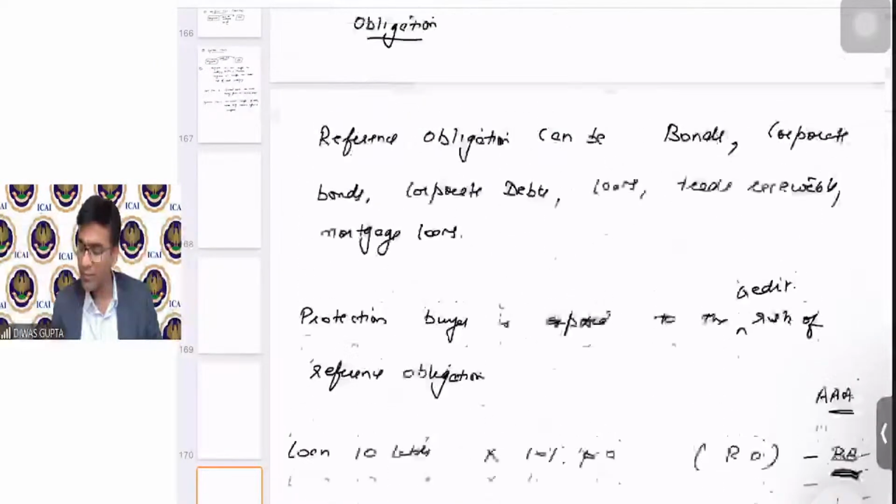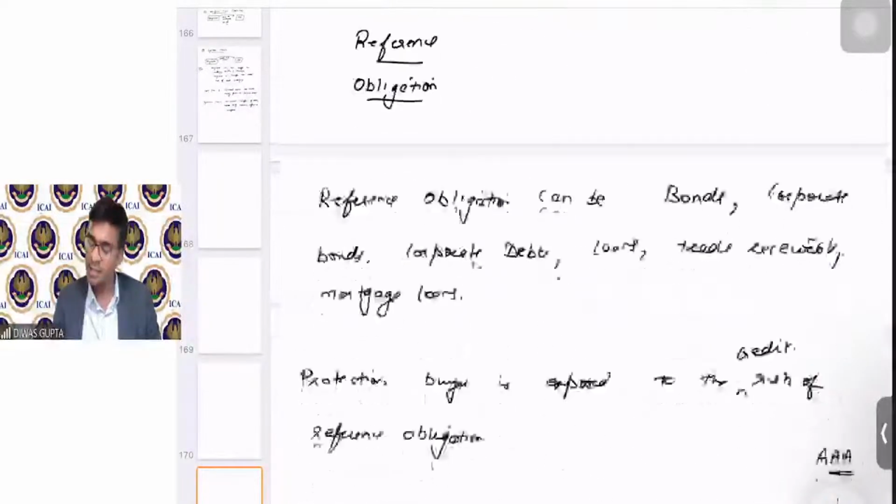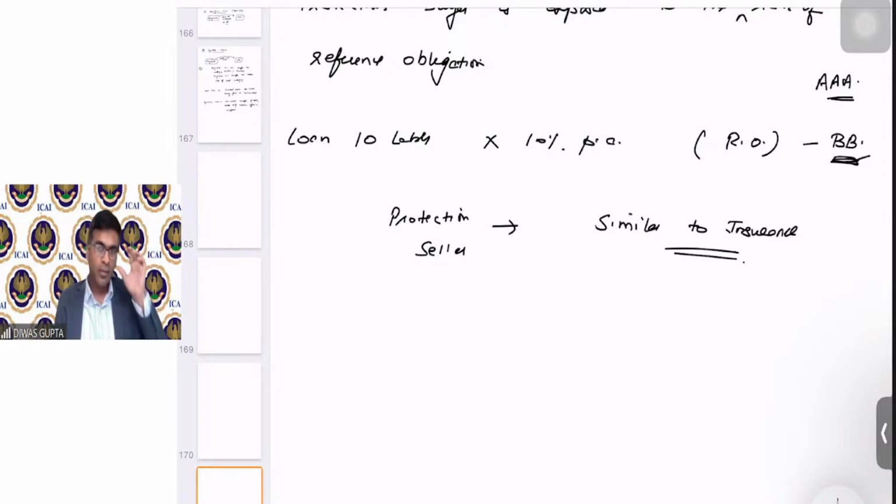Okay, students. Now this protection seller is just like giving an insurance, right? They are giving something similar to insurance and hence they are charging the premium. However, this protection seller itself should be credit rated because what if tomorrow the protection seller also goes bankrupt?